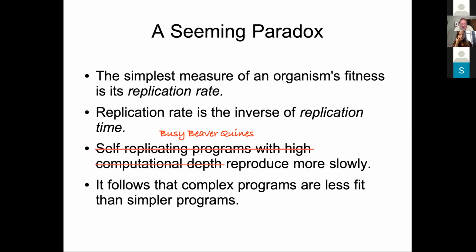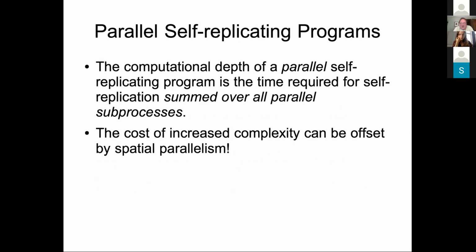unless, and this is how we escape the trap we created for ourselves, we use parallel construction processes. If we define computational depth not as the time required to replicate, but as the time summed over all execution paths, the time summed over all sub-processes, then we escape the trap.